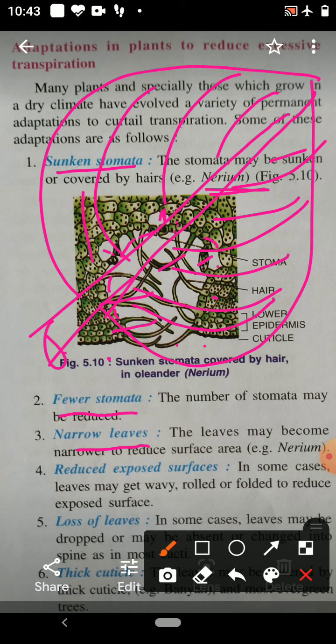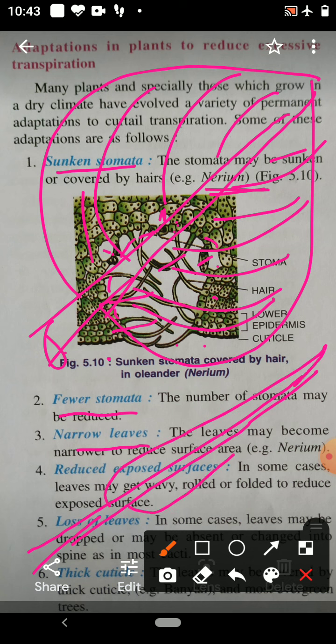But in the plant in which the leaves have become narrow, like this, transpiration is very less. So in many plants, the leaves have become narrow. It will reduce the surface area. Narrow leaves are found in nerium or oleander.